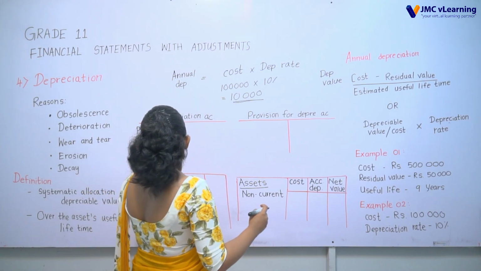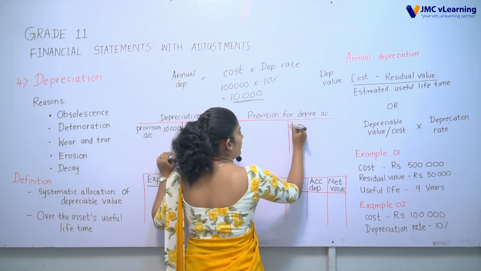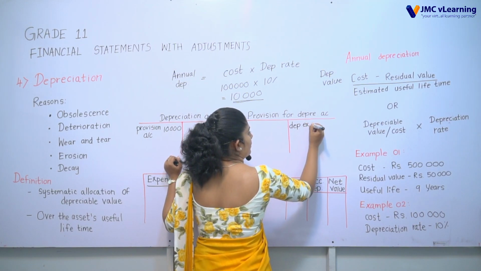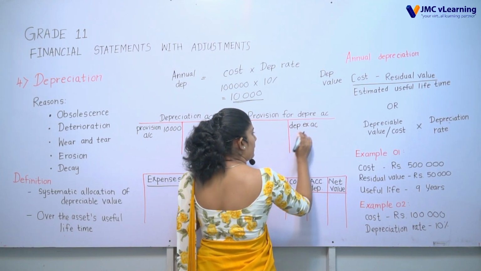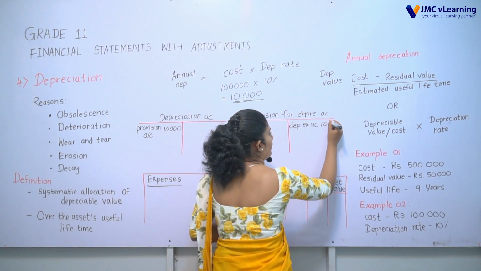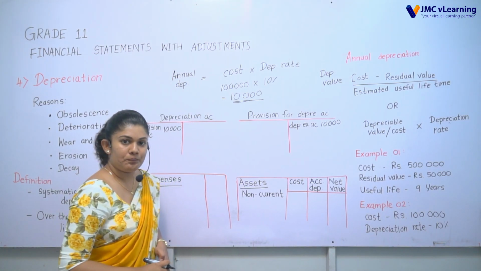Therefore, the other entry will be accounted in the credit side as depreciation expense account 10,000. Double entry will be completed like this.